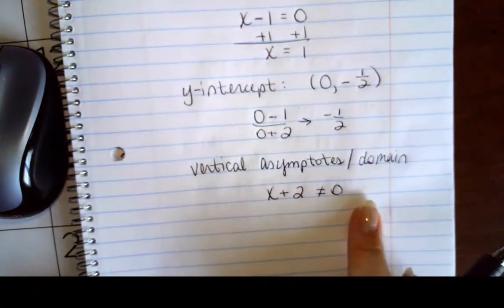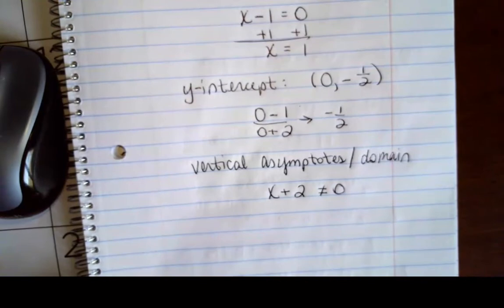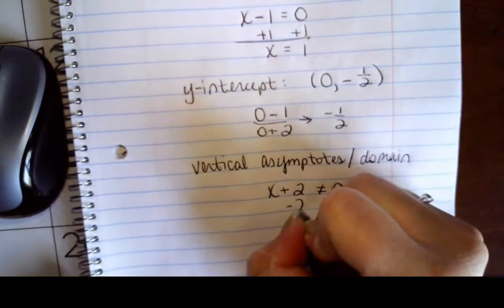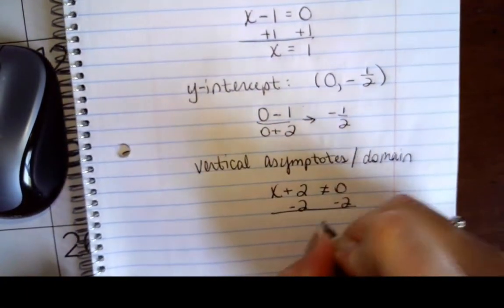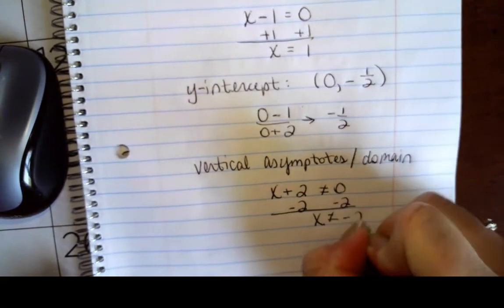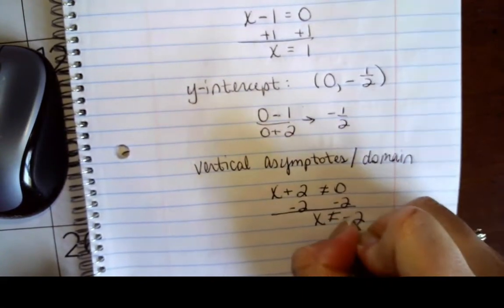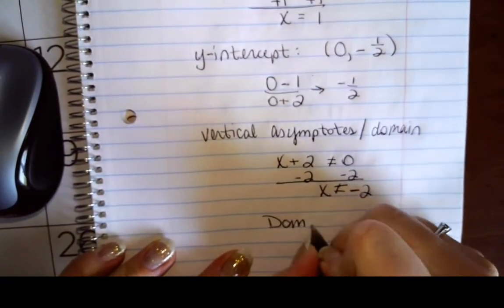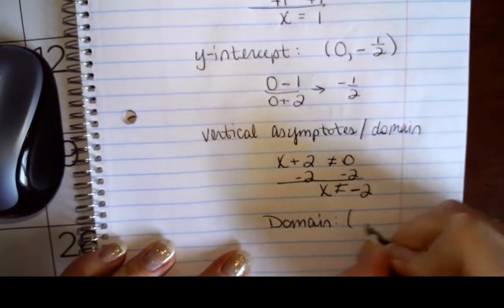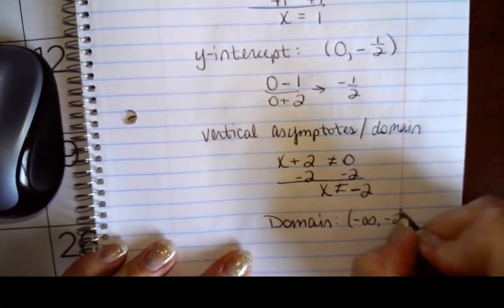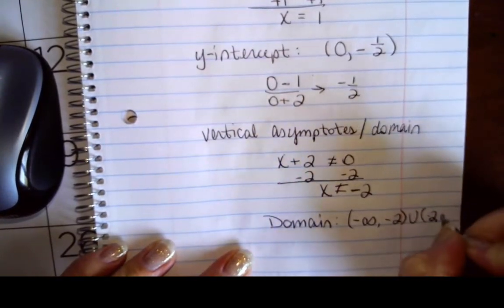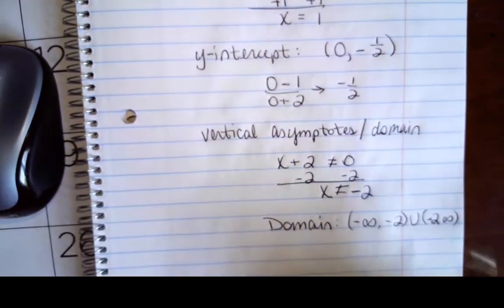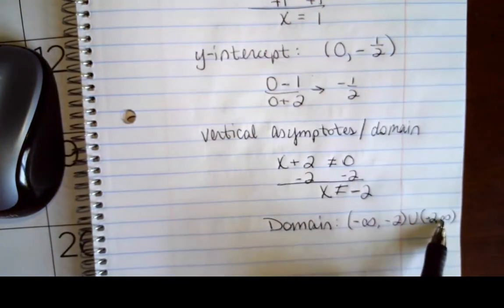So my domain says I cannot have my denominator equal 0, otherwise the whole thing is undefined. So I end up subtracting 2 from both sides. So I say x cannot be negative 2. So my domain is going to be everything but negative 2. So from negative infinity to negative 2, and then again from negative 2 to infinity.